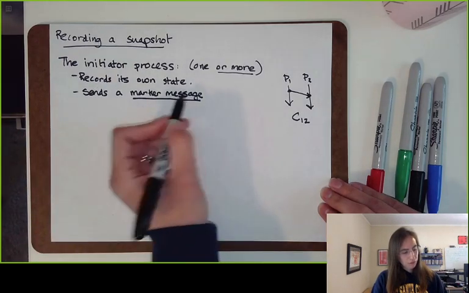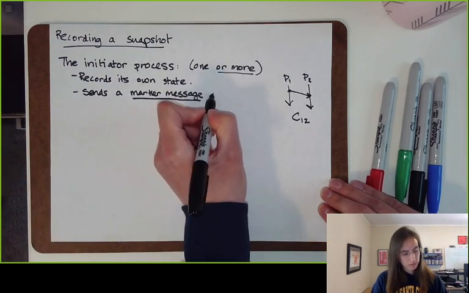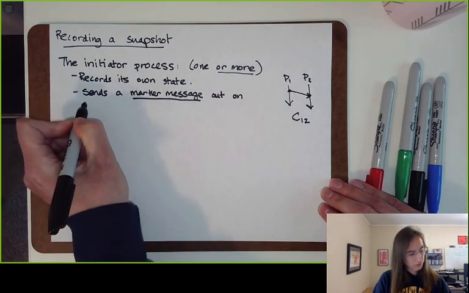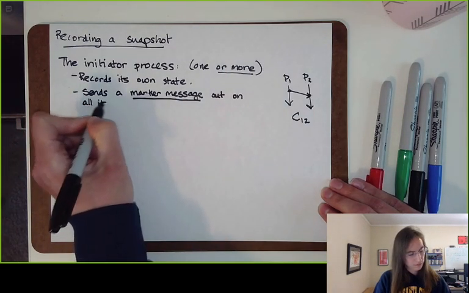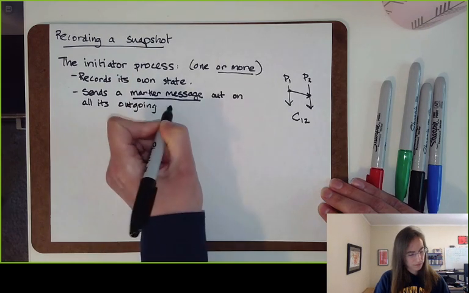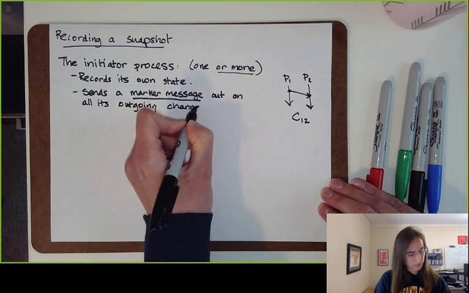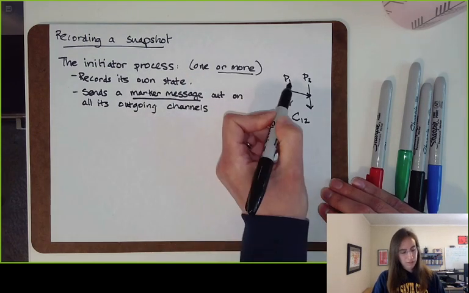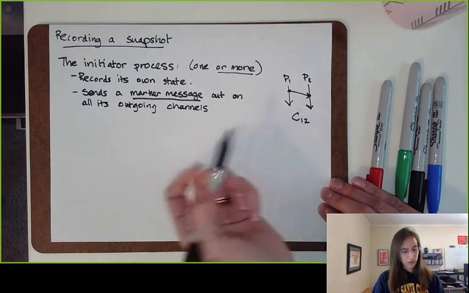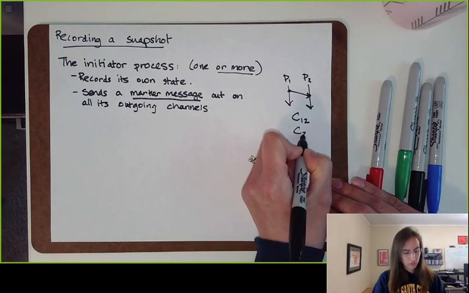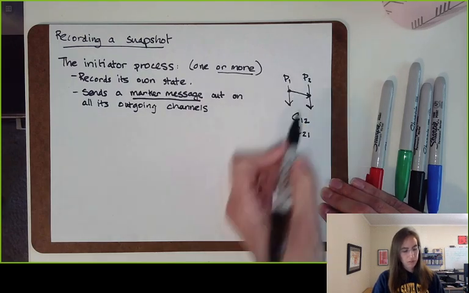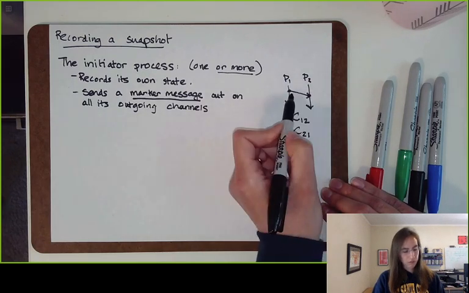So the initiator process is going to send a marker message out on all its outgoing channels. If P1 happened to be the initiator, it would send a marker message on channel C12. There's also a channel C21, and that would be one of its incoming channels because that's the channel from process 2 to process 1.